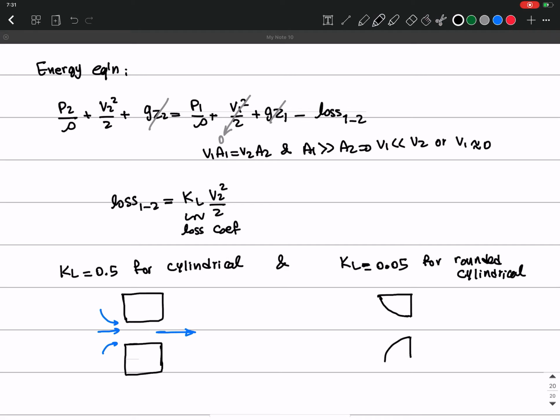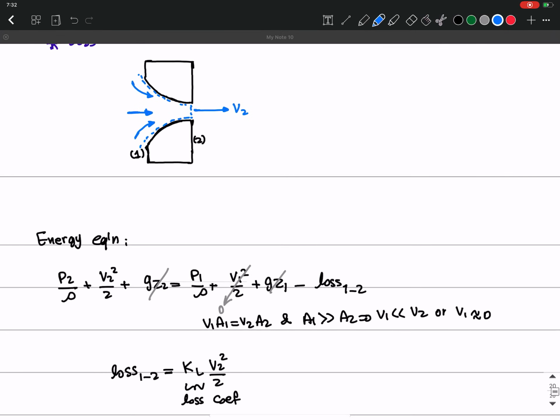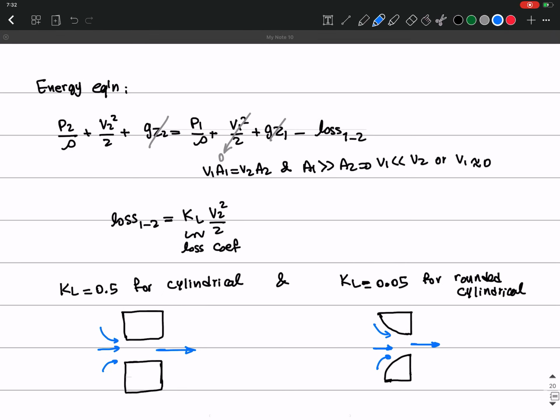So it's only 5% of your initial velocity or kinetic energy that is going to be lost. Okay, so this was one example where we can use the energy equation. And this is called the energy equation again because we have loss, so it's not Bernoulli.